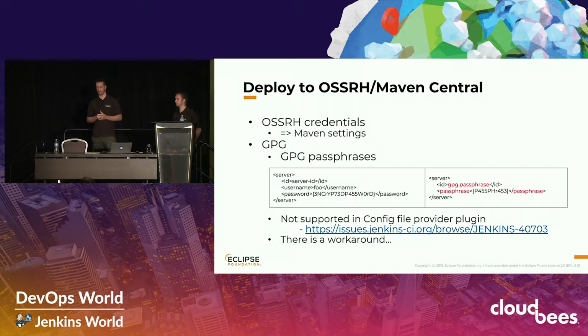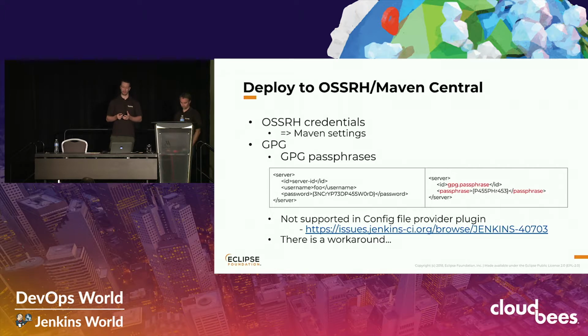One way to do it is to use the Maven GPG plugin. There are different ways of doing it, but I guess the most simple one is to store the credentials again in the Maven settings file.